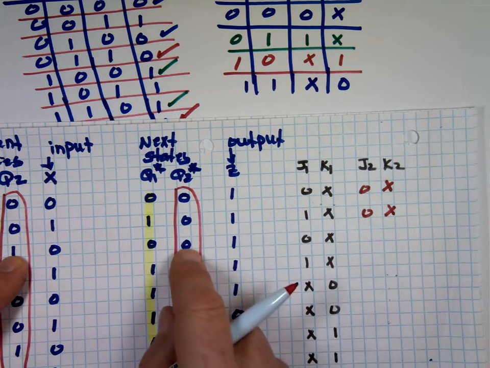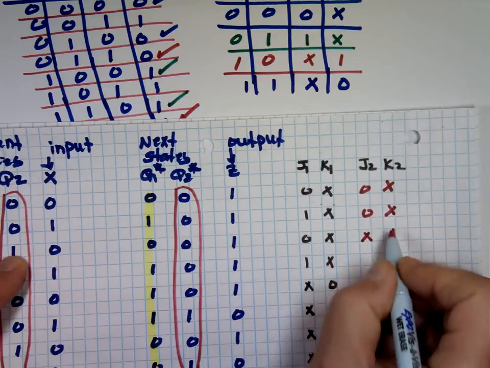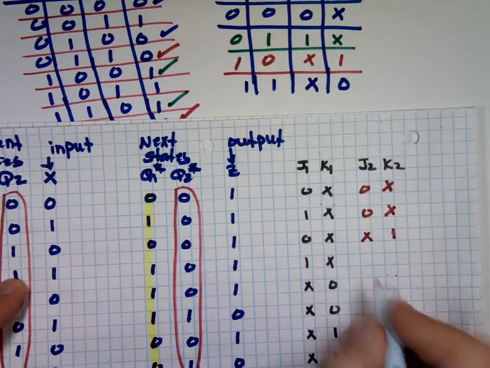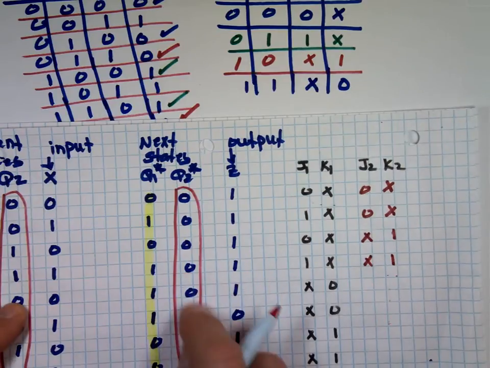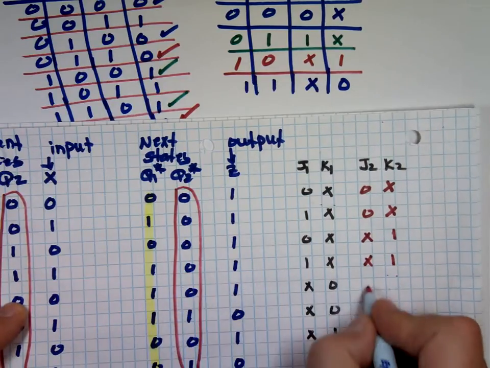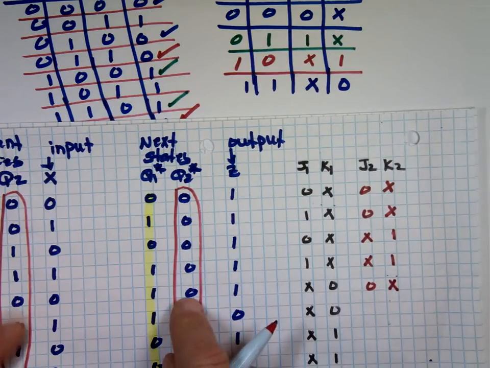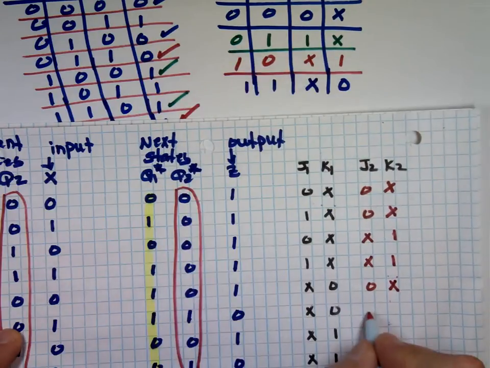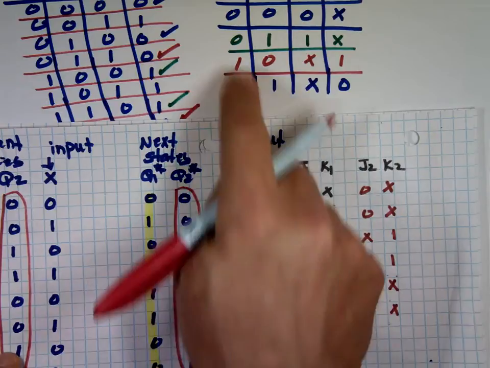1 to 0. Don't care and 1. 1 to 0. Don't care and 1. 0 to 0. Don't care and 0 and don't care. 0 to 1. 1 and don't care. 1 to 0, don't care and 1.